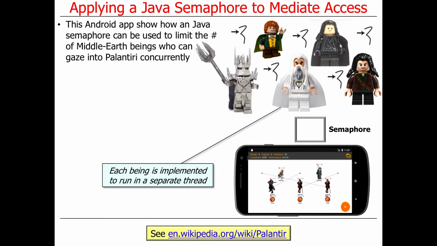And I think, if I'm not mistaken, I managed to find all the various characters that gazed into a Palantir from the Lord of the Rings. So we've got Sauron, Saruman, I think it was Merry or Pip, I can never remember which one it was, Boromir, and Aragorn. Those are the ones who end up gazing, and each of these is implemented to run in a separate thread.